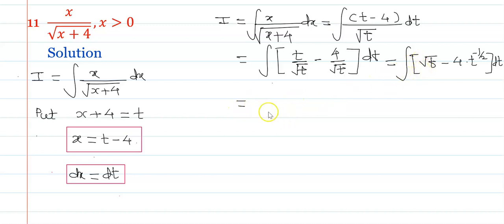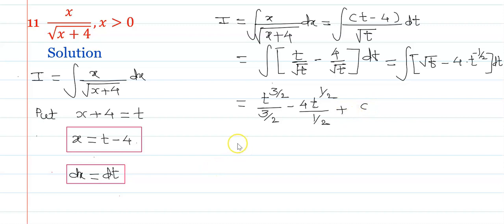Integral of root t is t raised to 3 by 2 upon 3 by 2, minus 4 times the integral of t raised to minus 1 upon 2, which is t raised to minus 1 plus 1, means what? t raised to 1 upon 2 upon 1 upon 2, plus c.